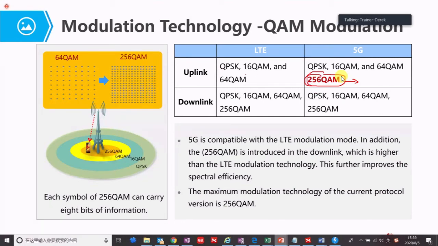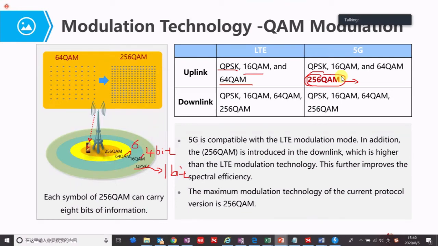There are QPSK and 16 QAM and 64 QAM. QPSK can carry just 2 bits in one symbol, and 16 QAM can carry 4 bits in one symbol.